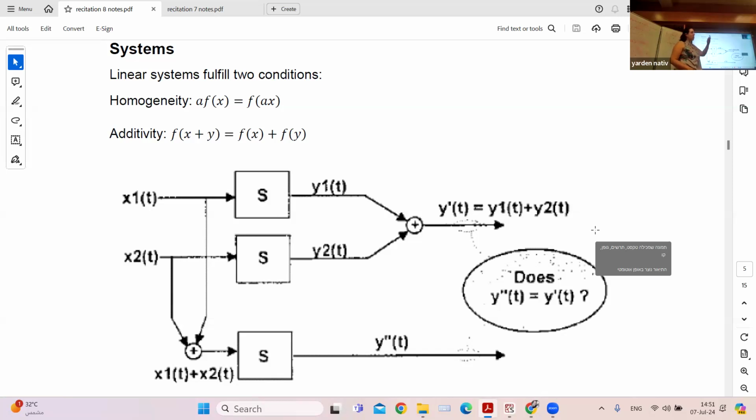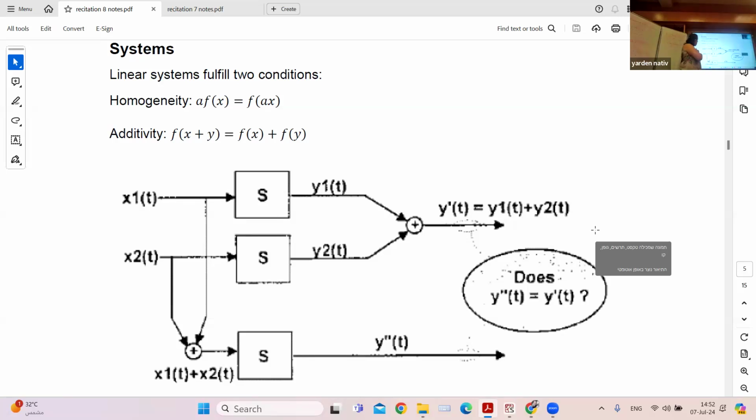When you have a specific input, if it's a linear one, then it performs the following relation. If you give it an x, like 1 or 2 or 3 or 4, and you multiply the function by a scalar, this equals the function of the scalar multiplied by x.